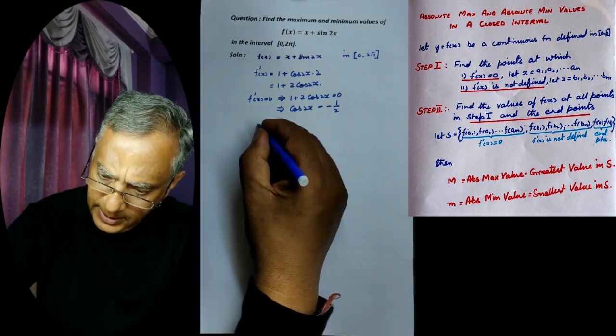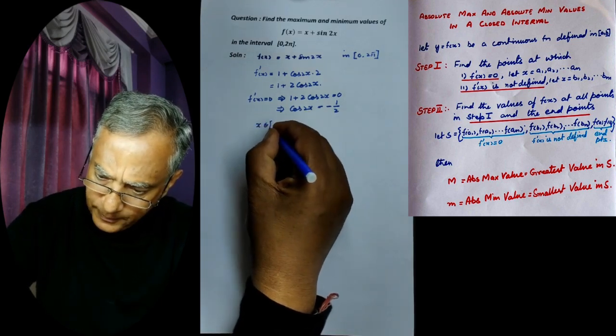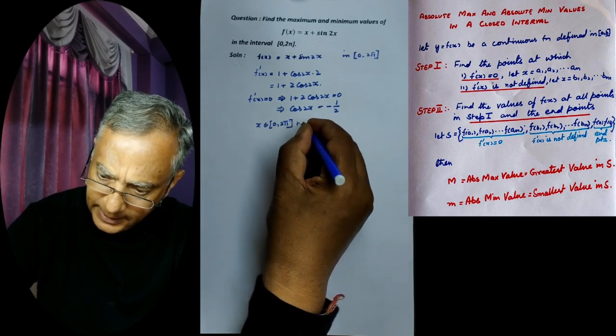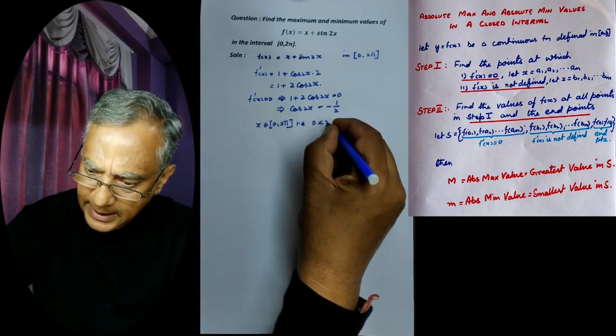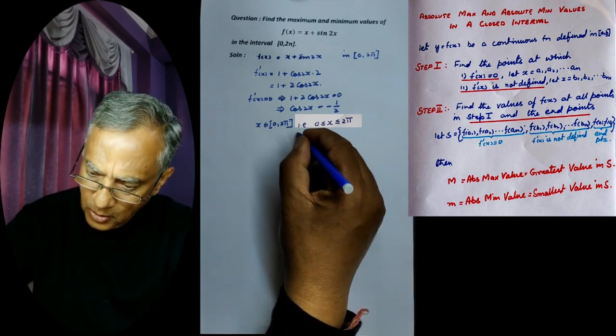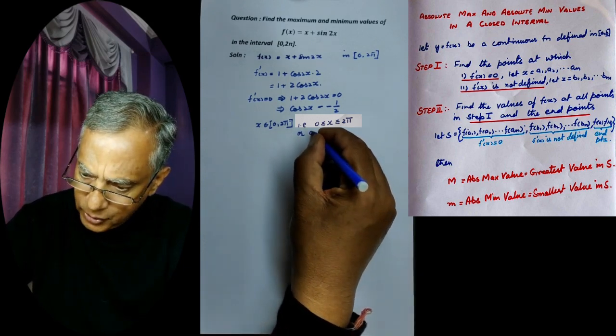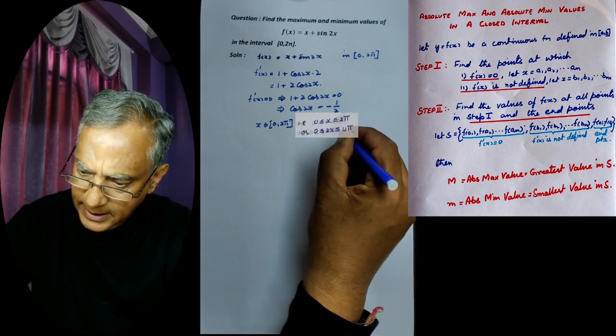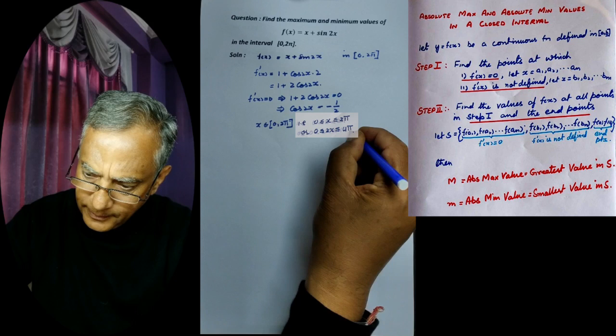Now we are given x belongs to 0 to 2 pi, that is 0 is less than x is less than 2 pi, or we can say 0 is less than, multiplying this by 2, 2x is less than 4 pi.